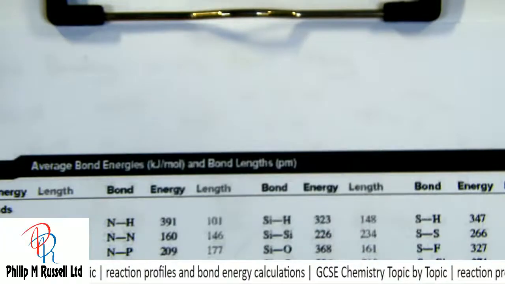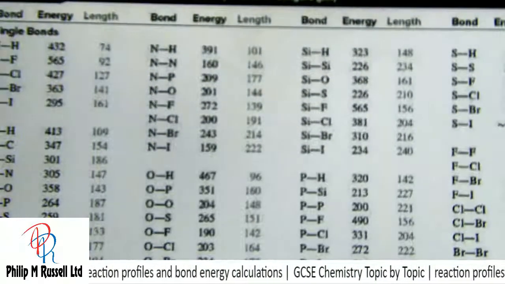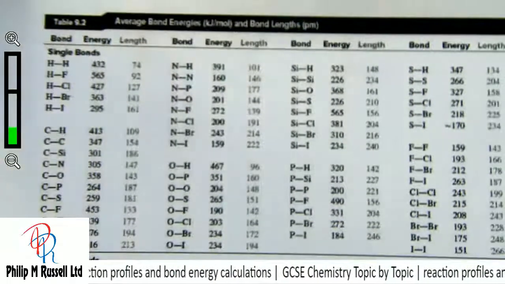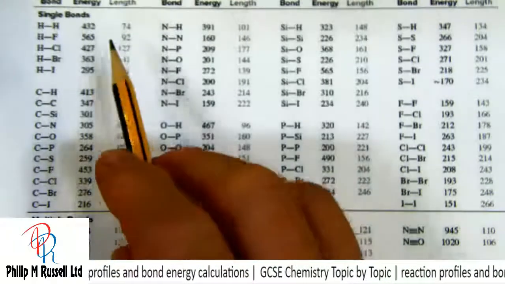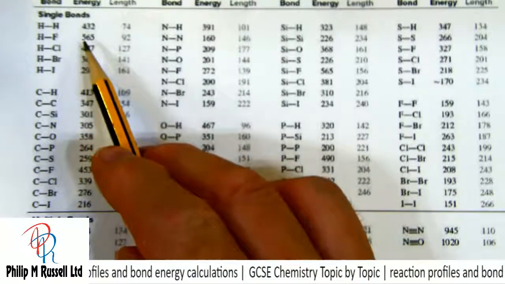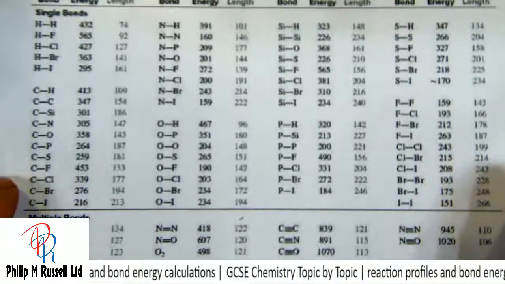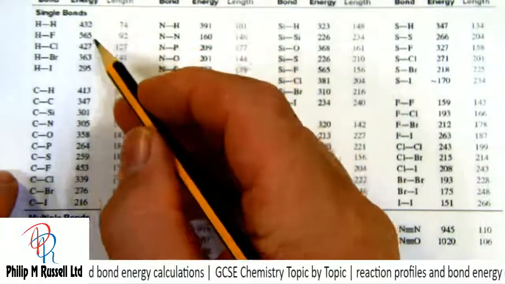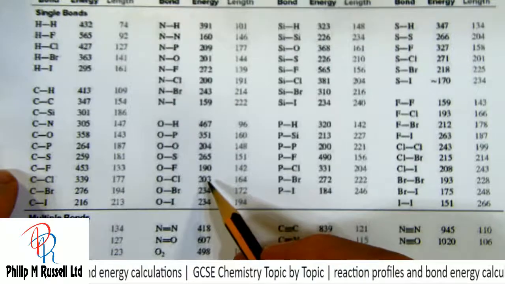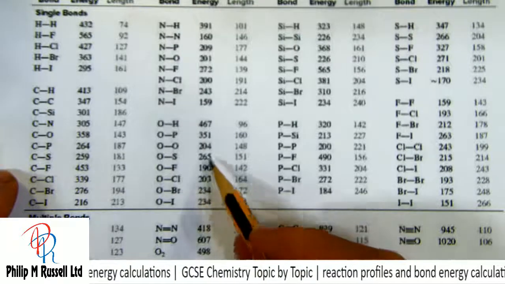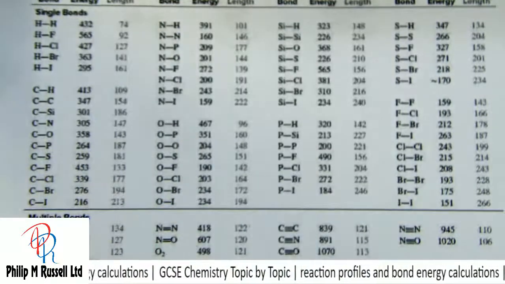What I've got here is a little table of data, and here I've got a whole series of different bonds, and it gives me some relevant information about the length, but largely it is giving me an idea about the amount of energy in kilojoules per mole for breaking and making bonds.